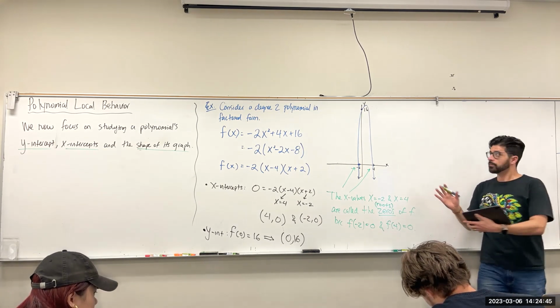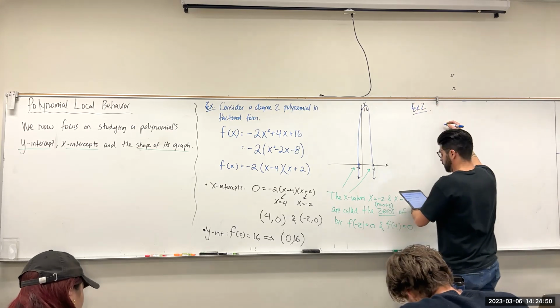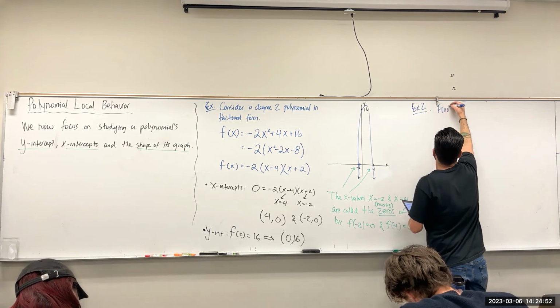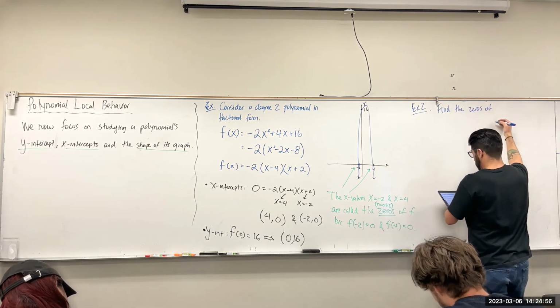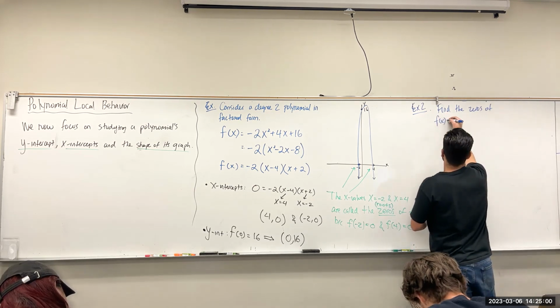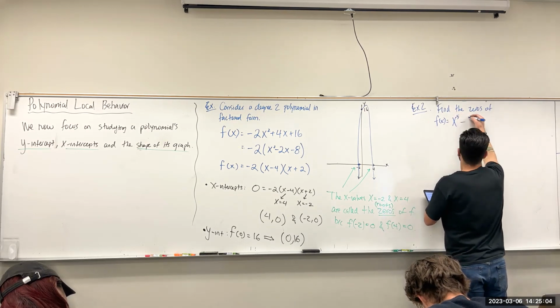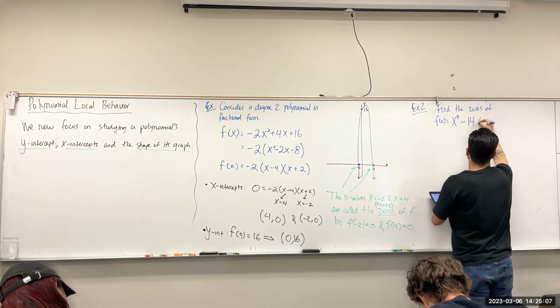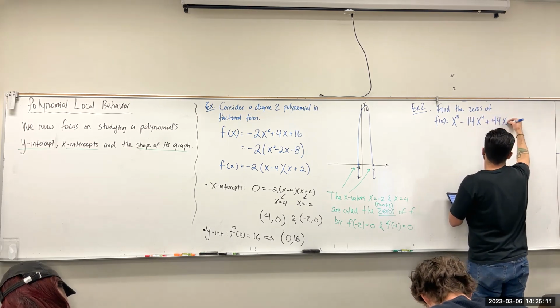Okay, another example. More factoring. Now I'm going to word it that way. I'm going to say find the zeros of f of x equals x to the 5th minus 14x to the 4th plus 49x cubed.